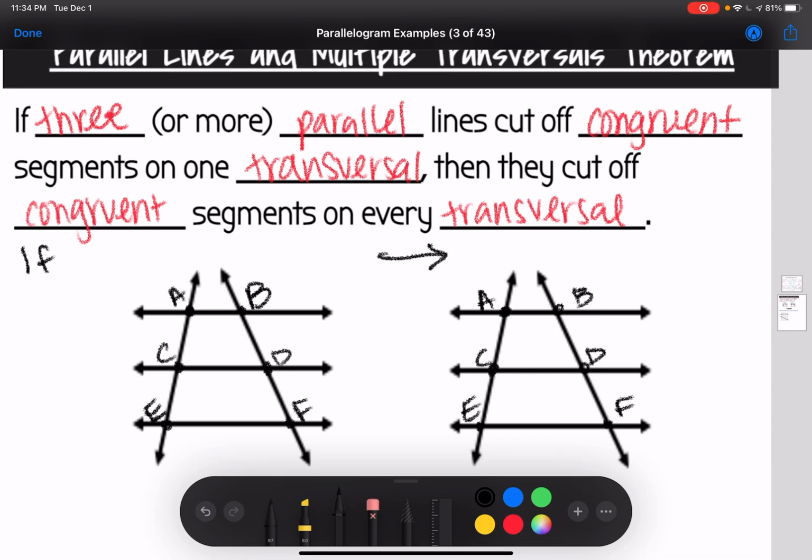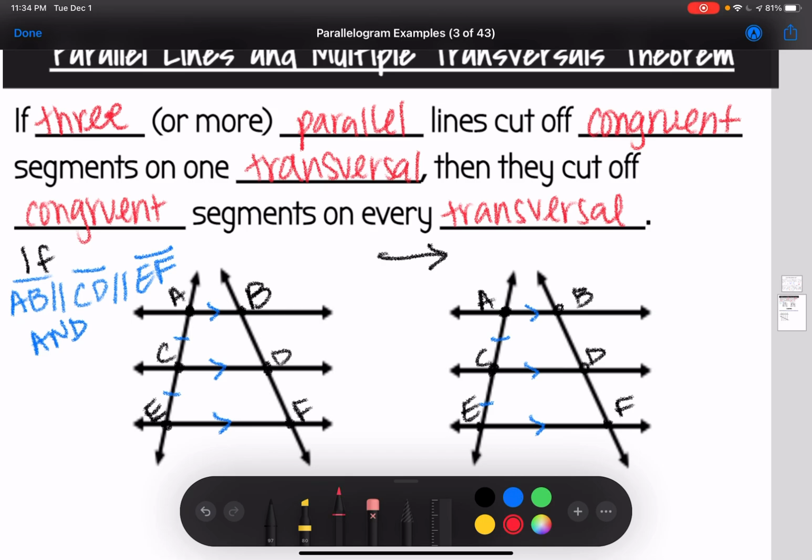So if AB is parallel with CD, and these are parallel with EF. So AB, CD, and EF are parallel. All right, and I'm going to mark it up on both because it's going to stay the same. And notice it has to have this as well. AC is congruent to CE.